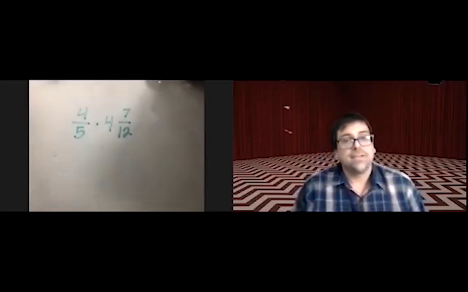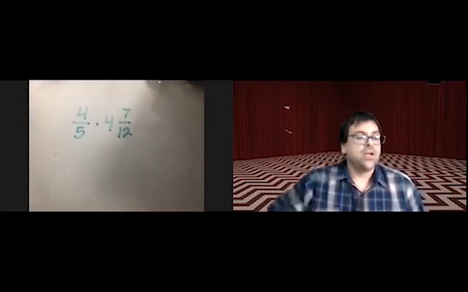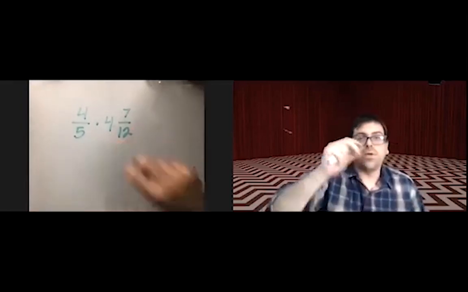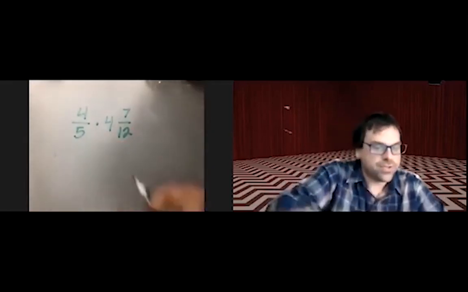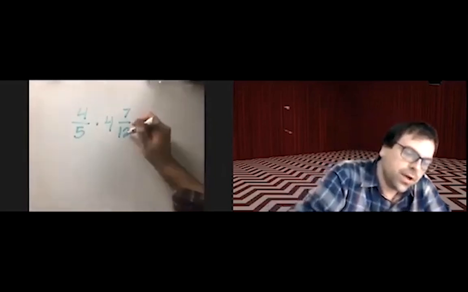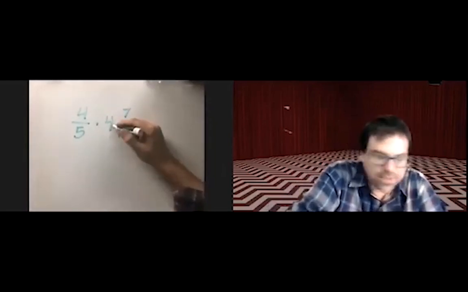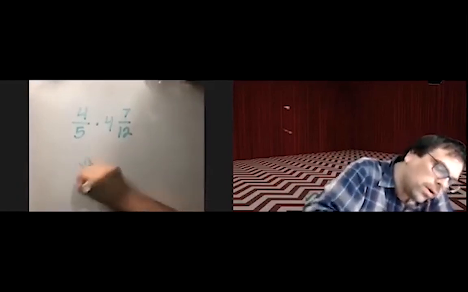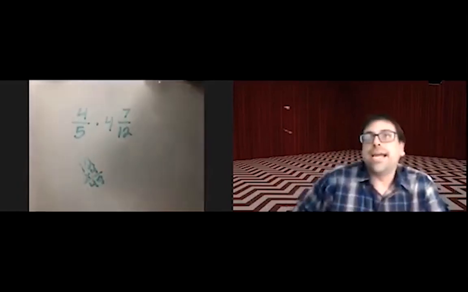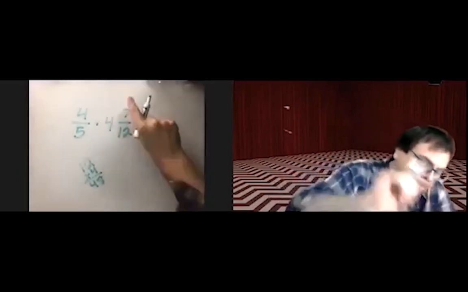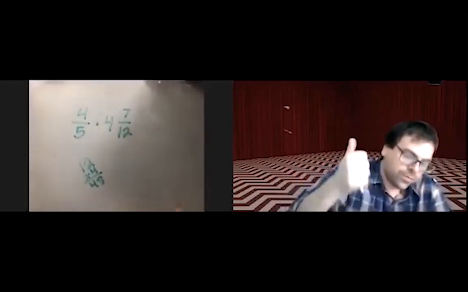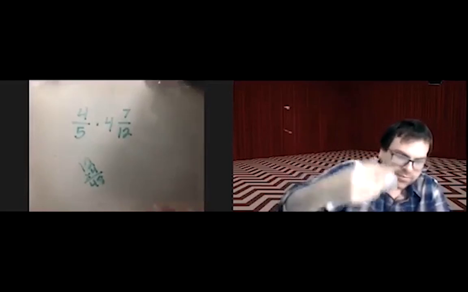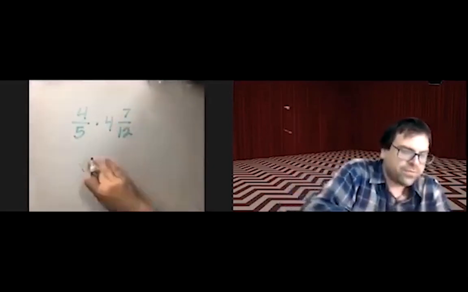You must, absolutely must, turn this into an improper fraction first. So 12 times 4 is what? 12 times 4 is 48. Plus 7, 49, 50 plus another 5. That's 55 twelfths.